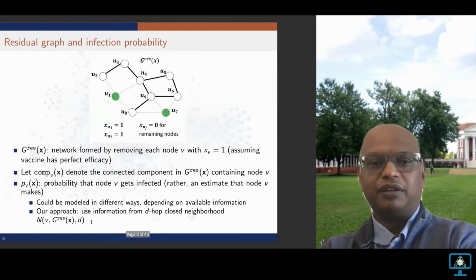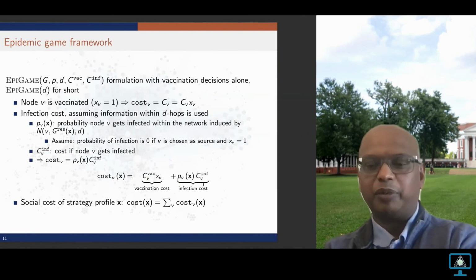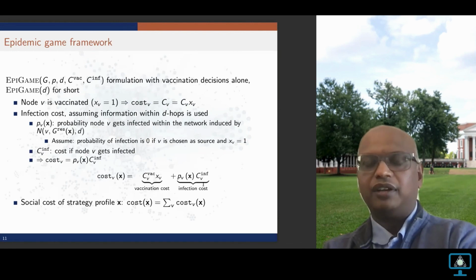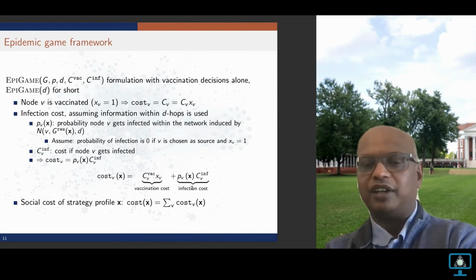Finally, in this cost structure, there's an estimate of the probability that node V thinks it is going to get infected times the infection cost. There are other papers which don't use a utility theory approach, but some other notion of probability, like people underestimate or overestimate probabilities of certain types, and so there can be a different form.